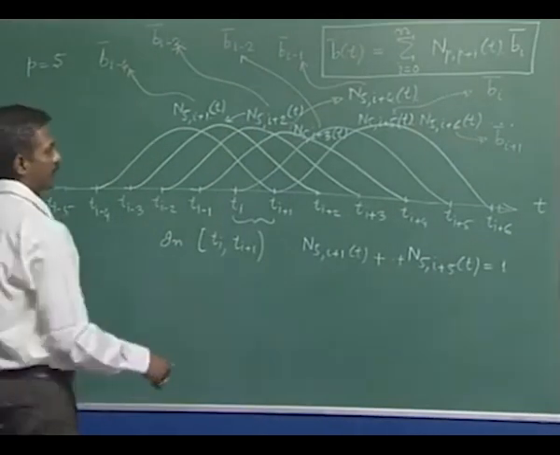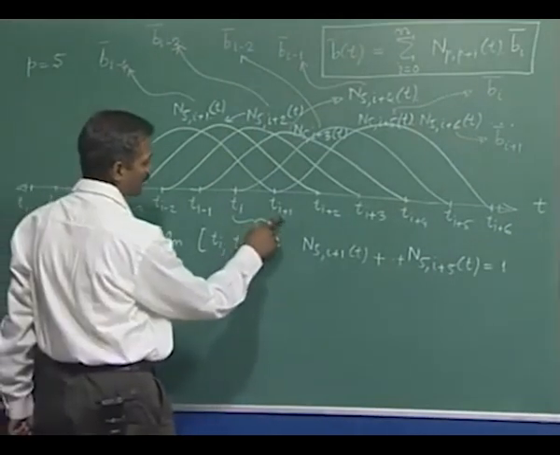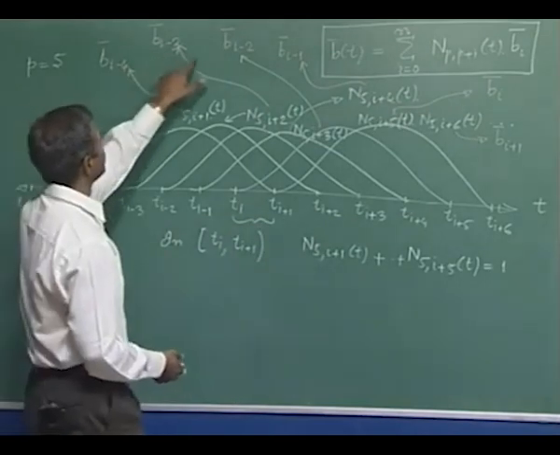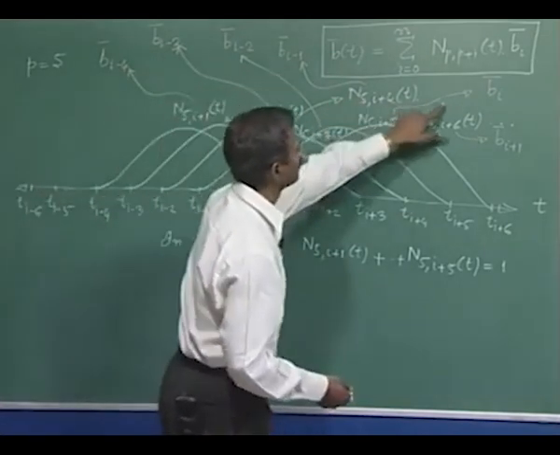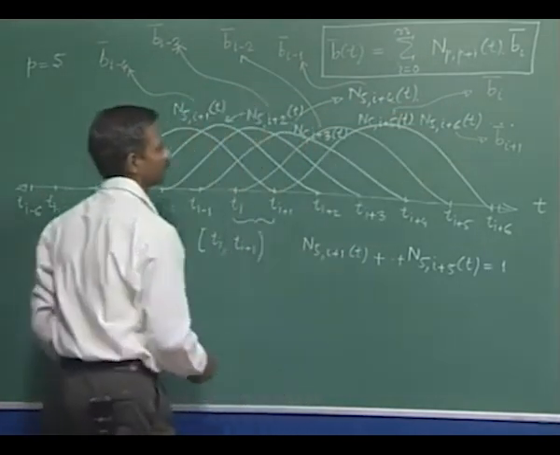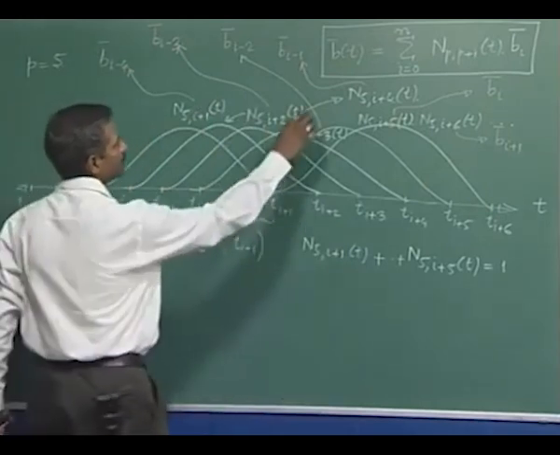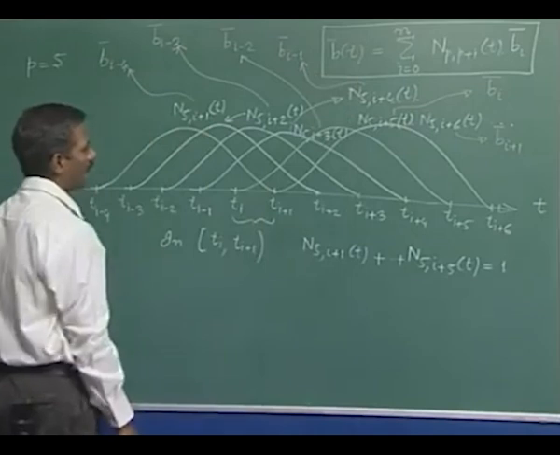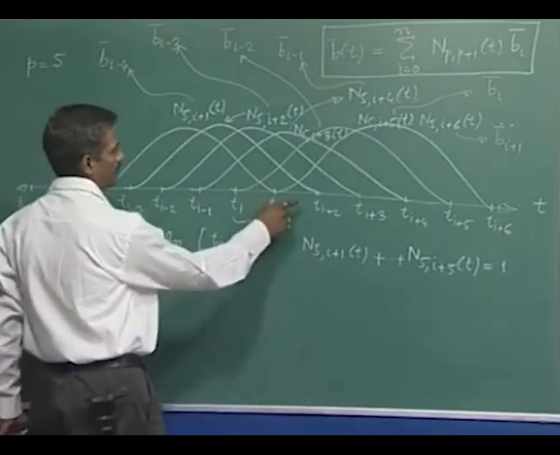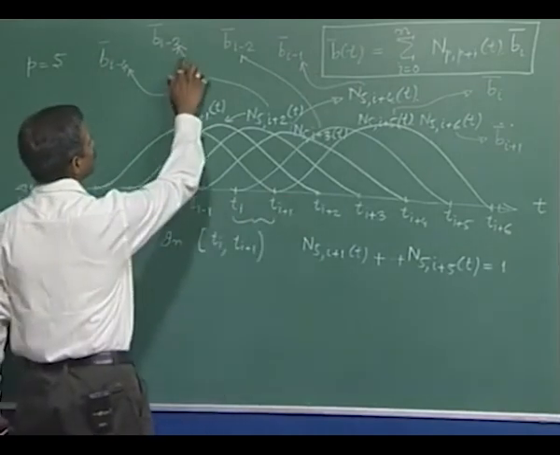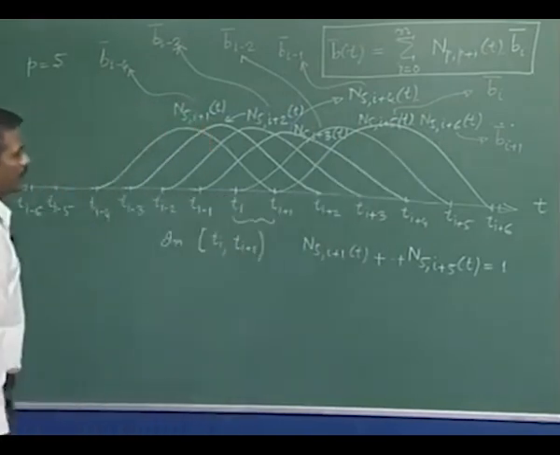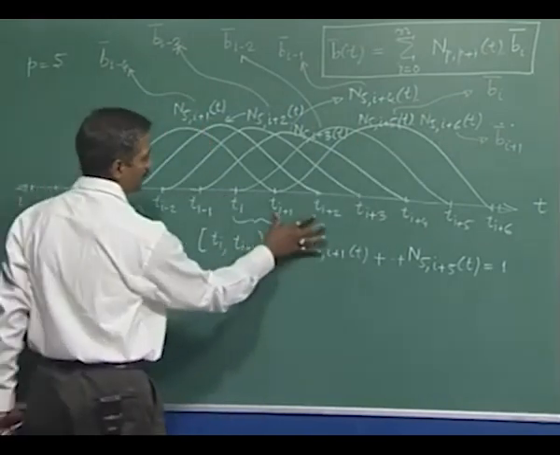In other words, for values of t in between ti plus 1 and ti plus 2, these 5 points will form a local convex hull, and the segment b of t will have a part of it within the convex hull defined by these 5 points for values of t in this interval.